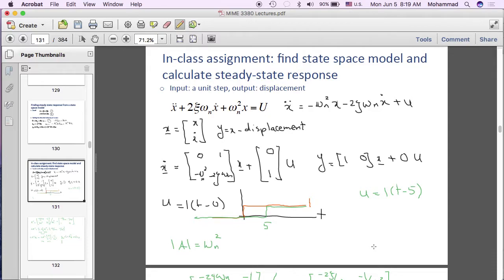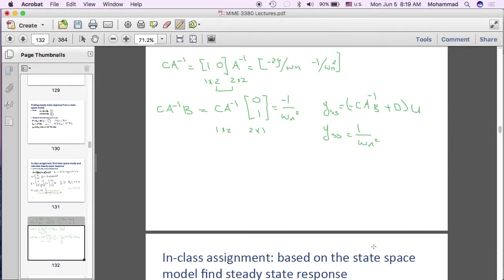Can you see that? So from the differential equation in steady state, what you have is omega n squared x steady state is equal to u.